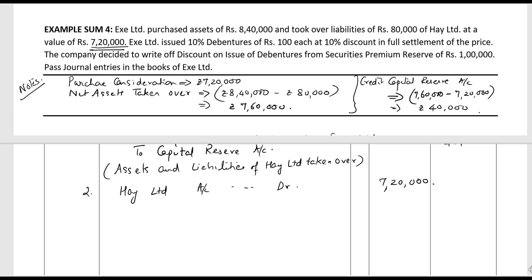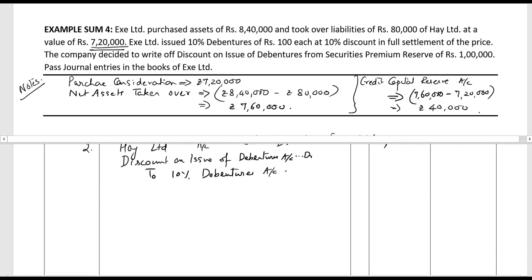This is settled by issue of debentures at discount. So we need to debit discount on issue of debentures account. To 10% debentures account. Let's do the calculation for the number of debentures to be issued.